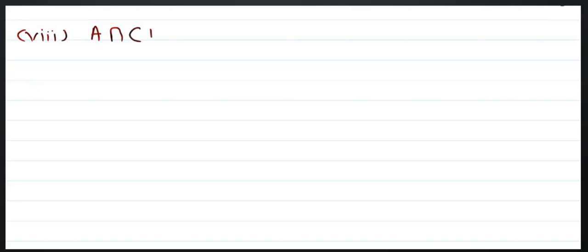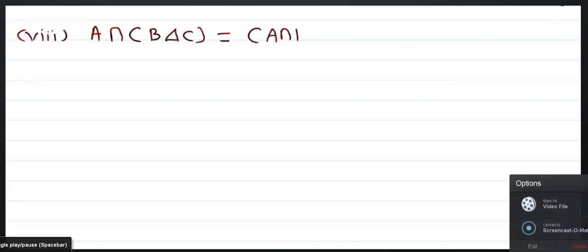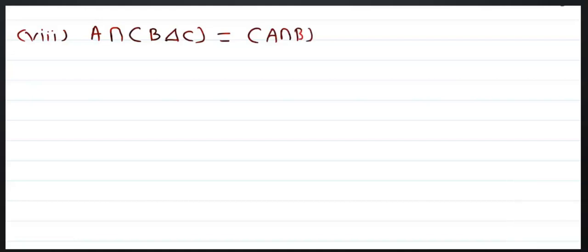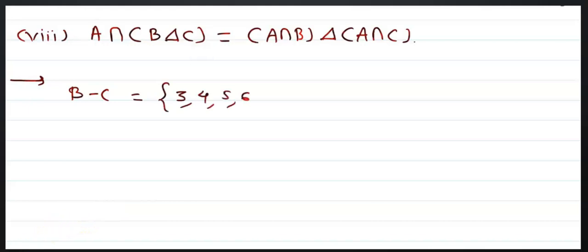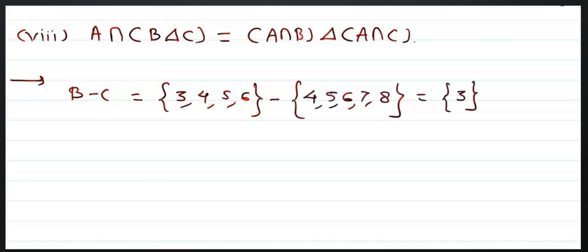Now the 7th one. A intersection B symmetric C is equal to A intersection B symmetric A intersection C. First, B minus C is equal to {3, 4, 5, 6} minus {4, 5, 6, 7, 8}.